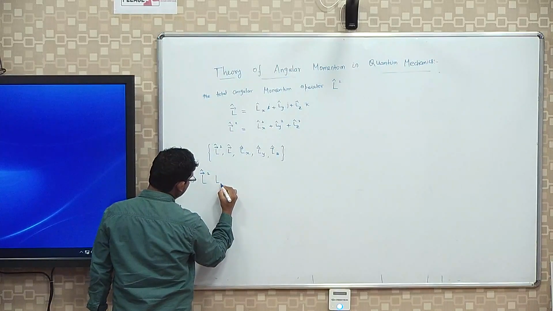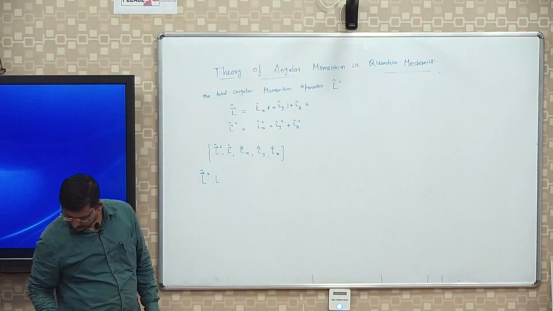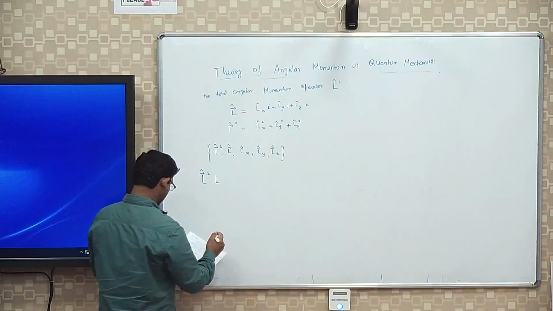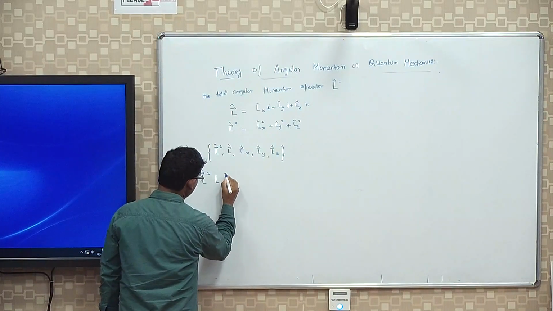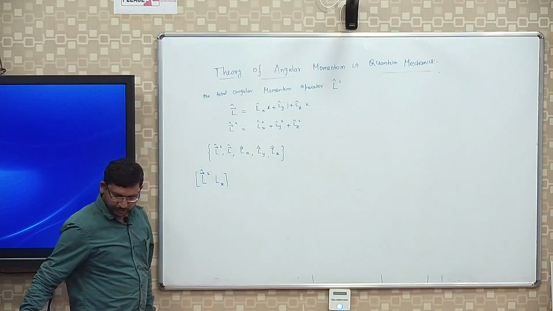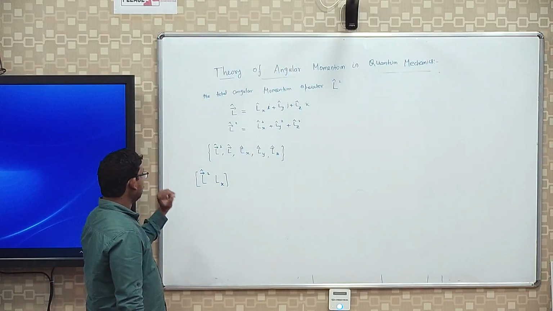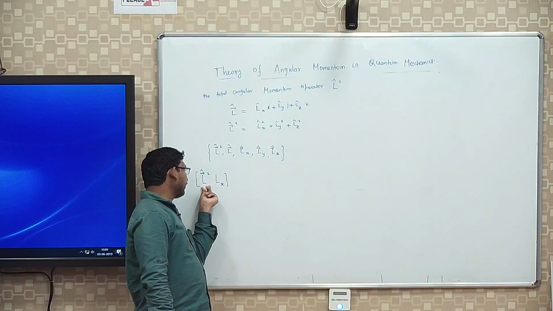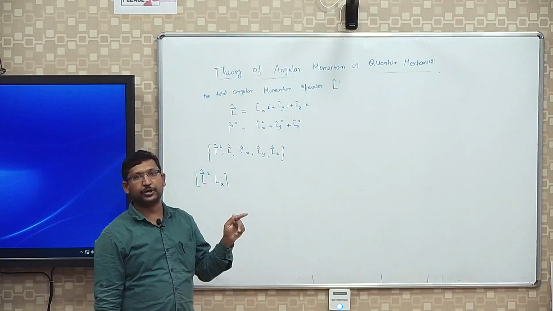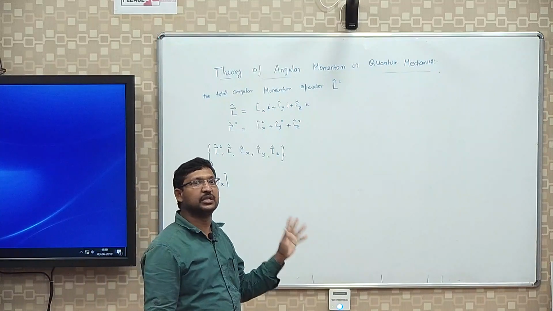So, we will consider first Lz or Lx. That means we are going to check whether the total angular momentum of the system and angular momentum of a particular component can be measured simultaneously or not.